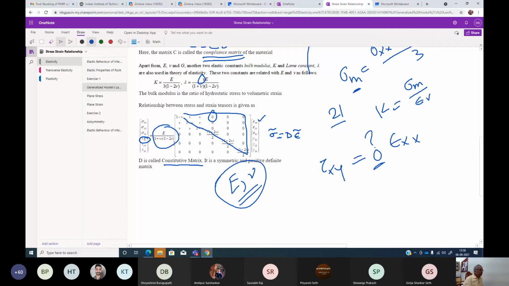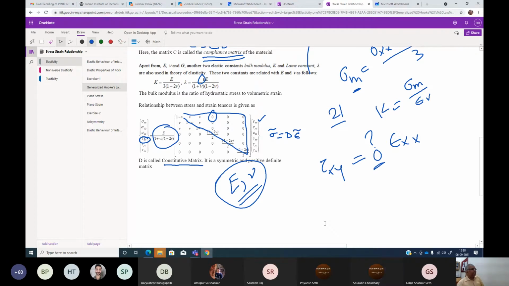Now, the important thing is, what will be the maximum value of mu? Can anybody tell me now? What could be the maximum value of mu? Poisson's ratio. So 1 by 2. Yeah, 0.5.